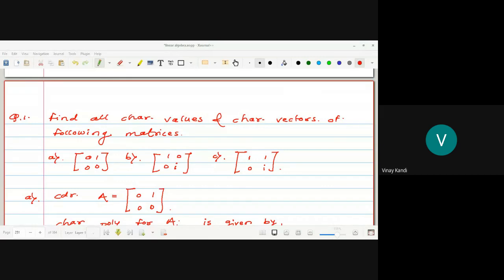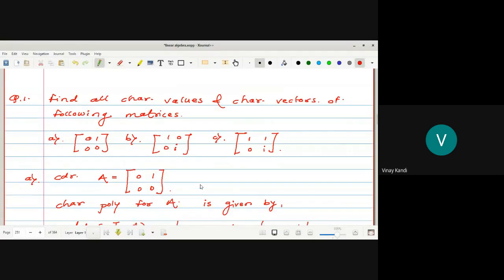Any doubt up to here in the first question? Now tell me whether this matrix, this operator, is diagonalizable or not.